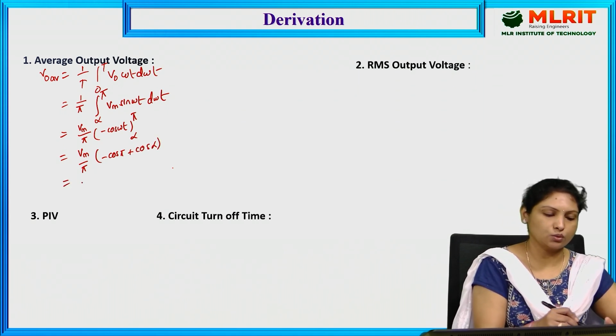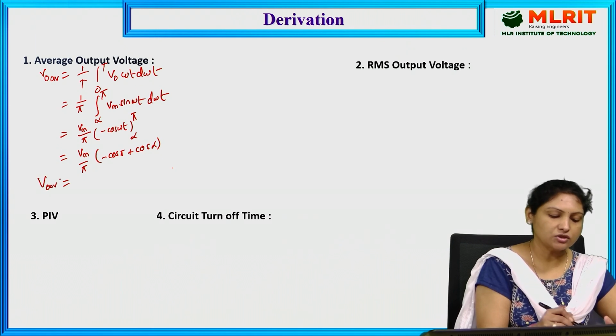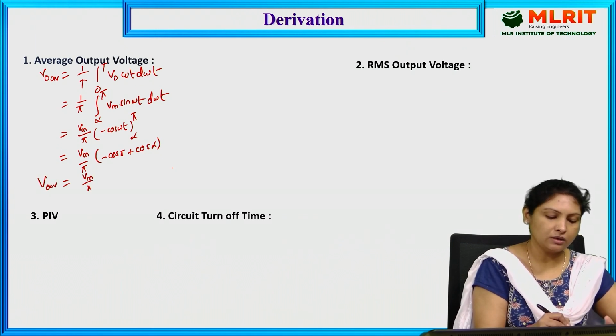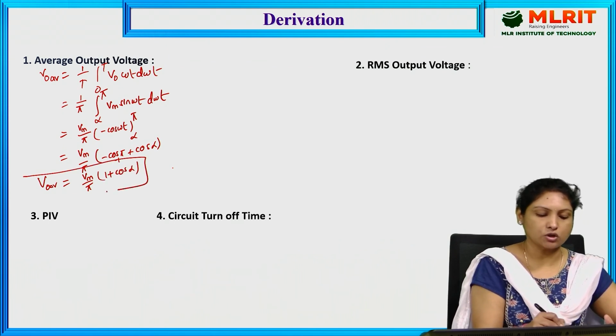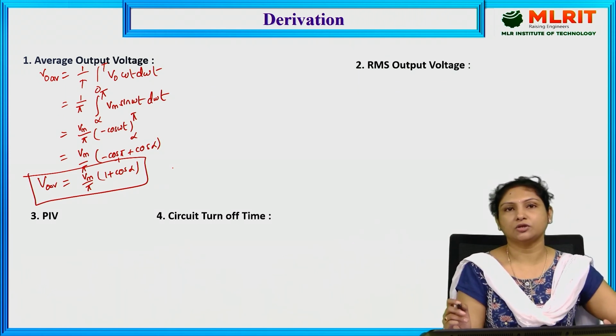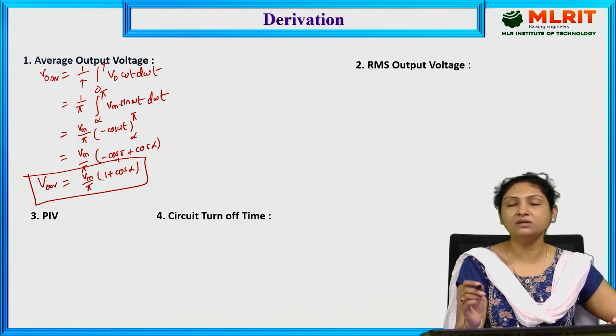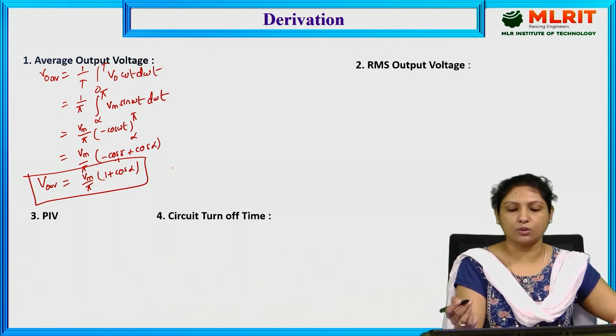Finally, V naught average equals Vm by pi, since cos pi is minus 1, minus of minus plus 1, so 1 plus cos alpha. This is the average output voltage expression for single phase fully controlled rectifier with R load.